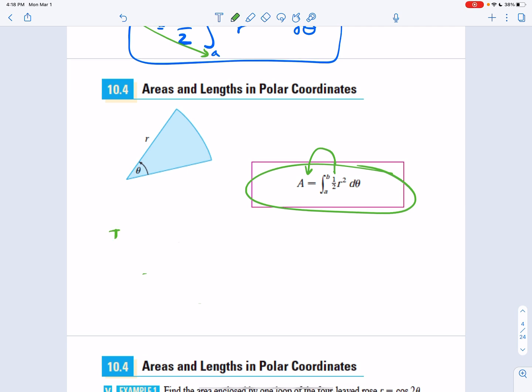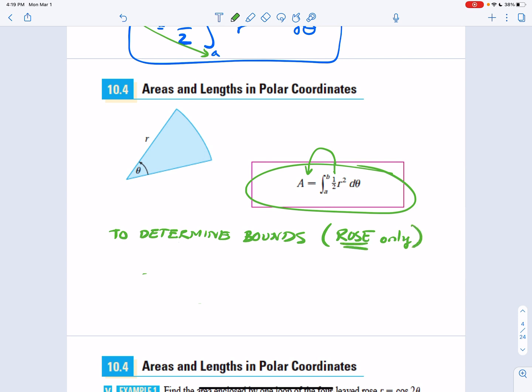So I'll write it here, to determine your bounds. And these only apply to Rose curves. Later on in the next lesson, you're going to run into other equations that are not necessarily Rose curves. So know that this doesn't apply to all the other ones, just for Rose curves. Rose only.